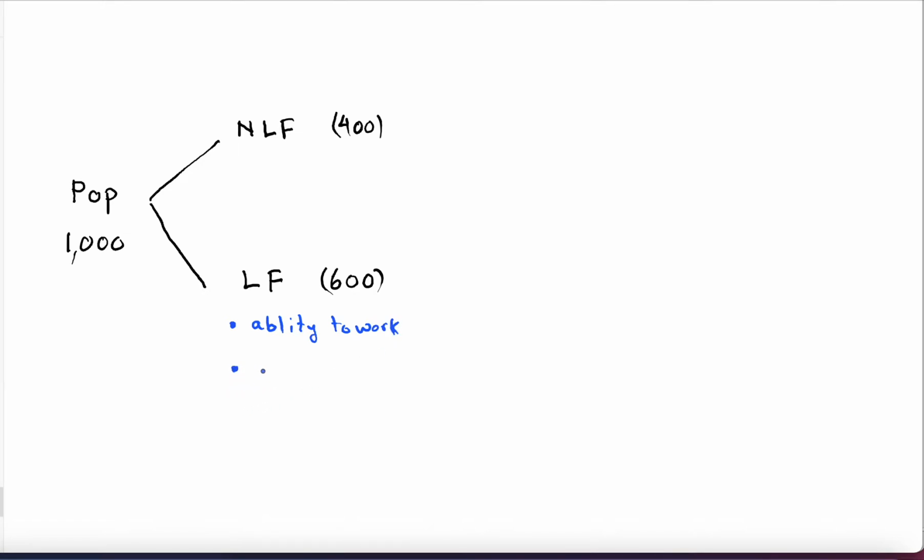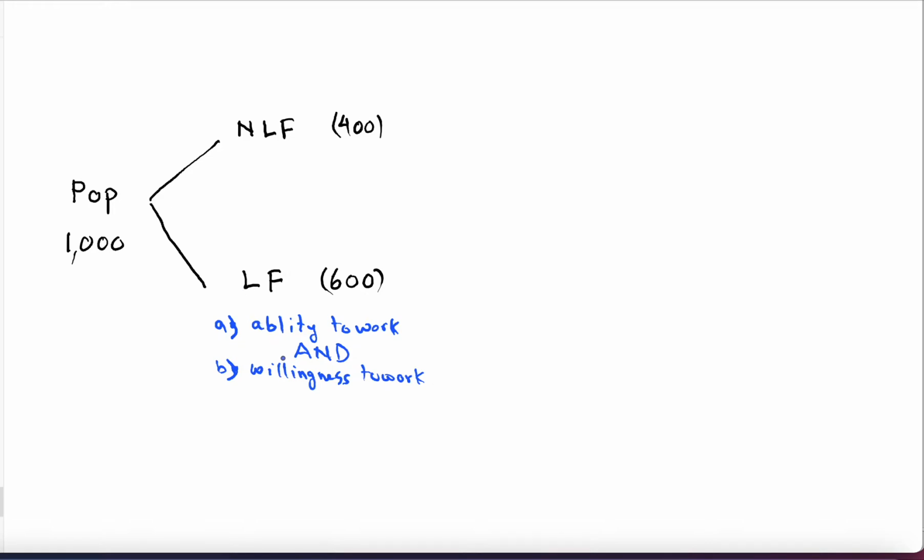And number two, B, they have to be willing, willingness to work. And this has to be all together, so both have to hold. The condition is and. A person who is able to work and willing to work is counted as the labor force.